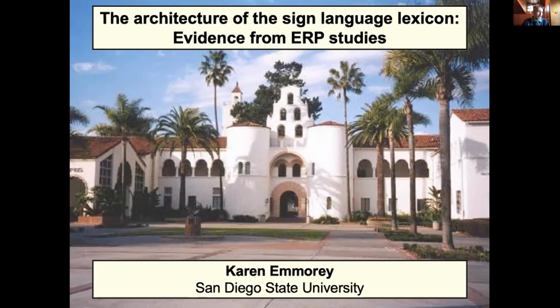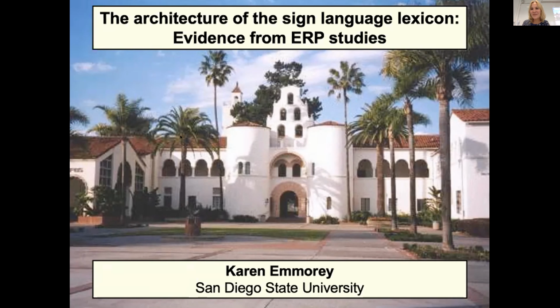Her works span theoretical linguistics, experimental linguistics, neuroscience. It's very hard to tell whether there is something very specific of which Karen is an expert of, because she's an expert almost in every domain. And today's talk is about the architecture of the sign language lexicon, and she's going to show evidence from ERP studies. So Karen, the floor is yours.